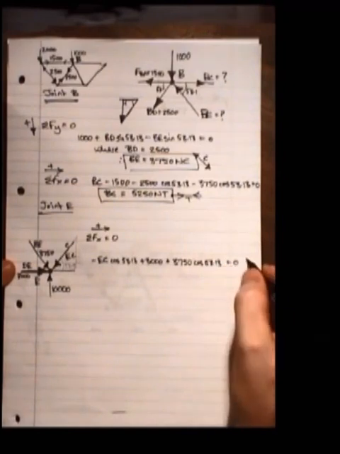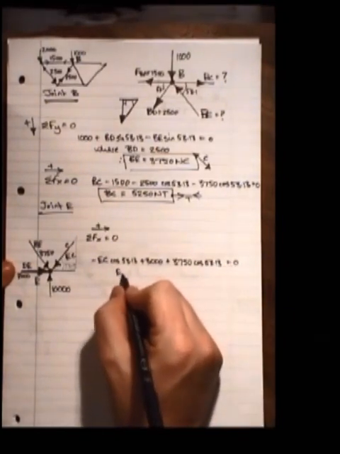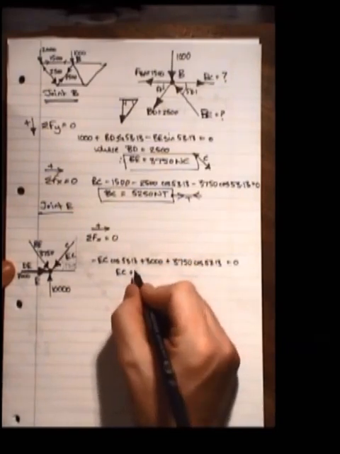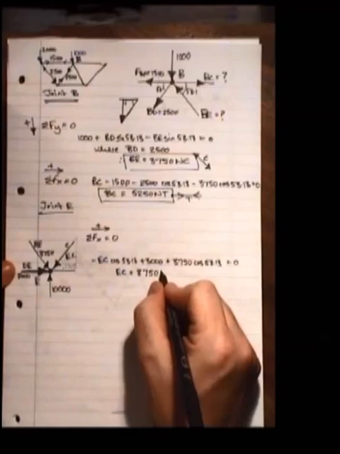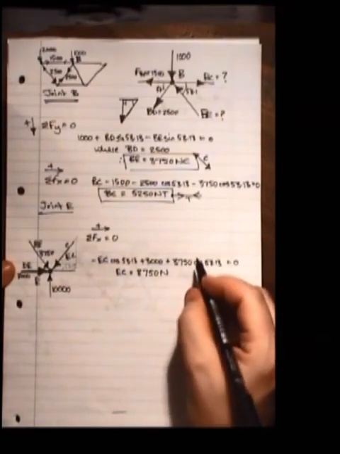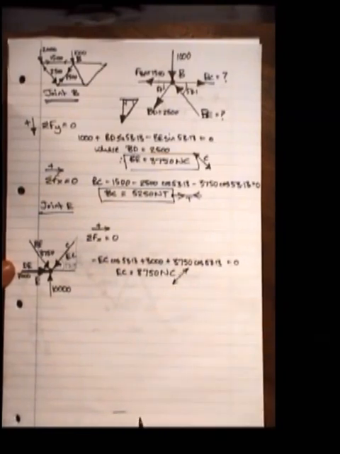All of that equals 0. AC equals 8,750 newtons. The arrow looks like that. It's in compression.